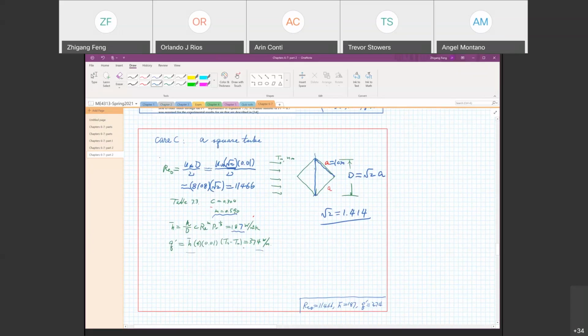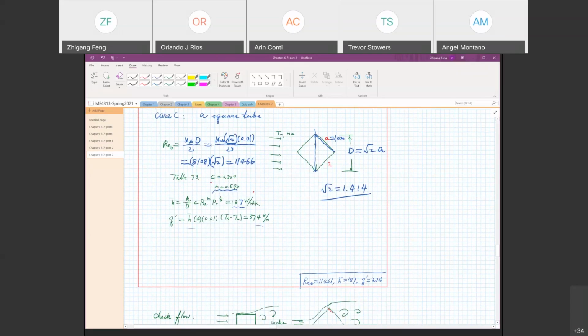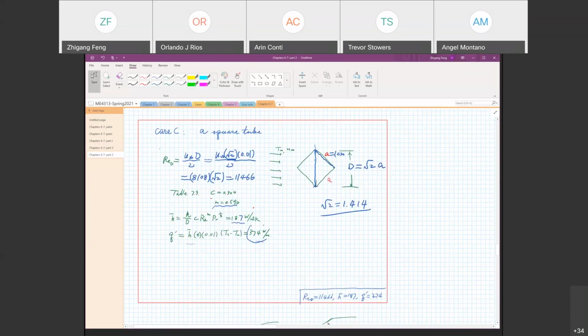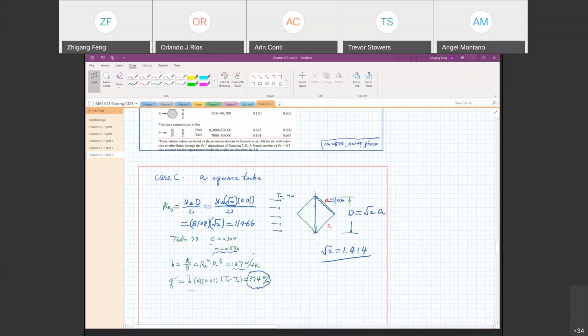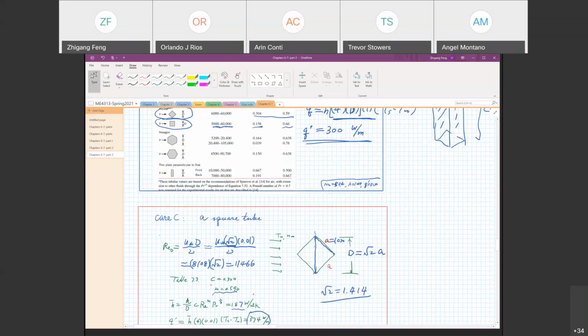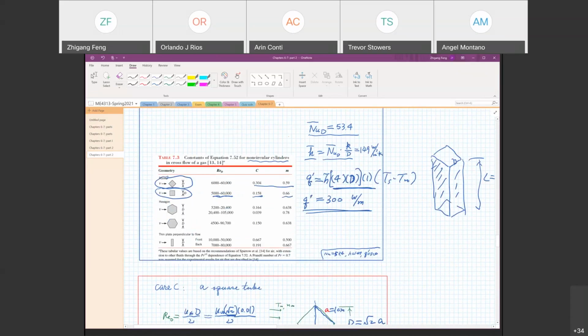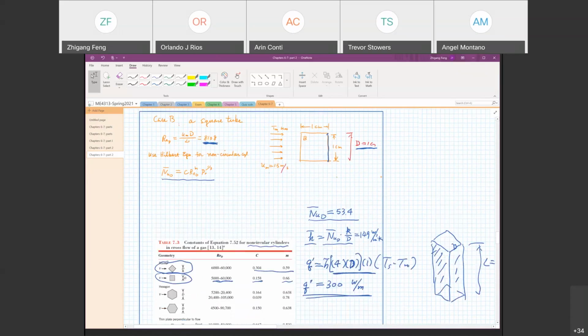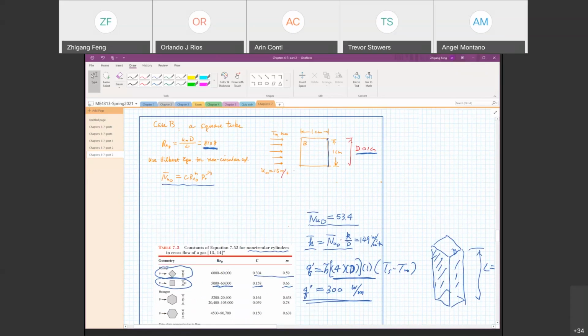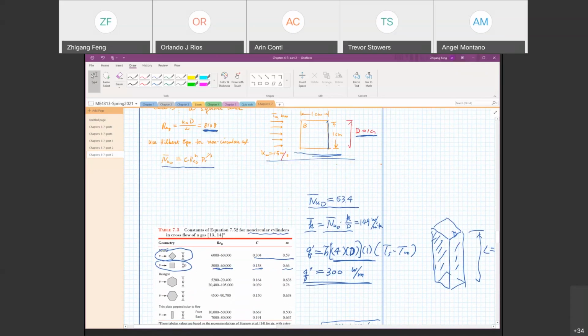Quite simple. But if you compare the heat transfer rate for case B and case C, you will see an increase in heat transfer rate when you change the flow direction. So for case B, when the flow is perpendicular to the side surface, the heat transfer rate per unit length is 300.